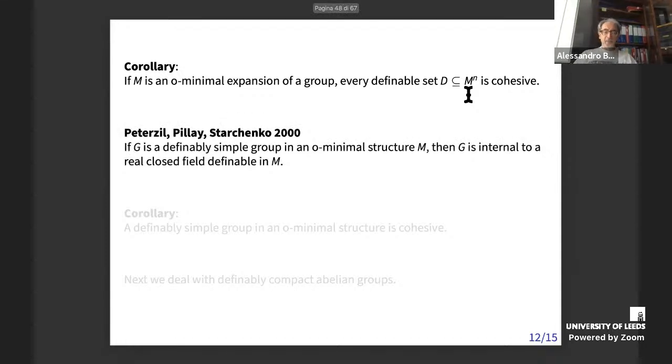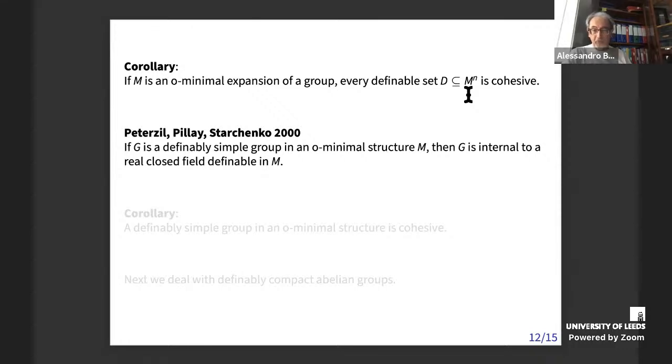But now let's go back to the many sorted situation. In the many sorted situation, if you have an arbitrary minimal structure, which may consist of a concatenation of several orthogonal sorts, what can happen? If you have a definably simple group, then by Peterzil-Pillay-Starchenko, we know that G is internal to a real closed field definable in the structure.